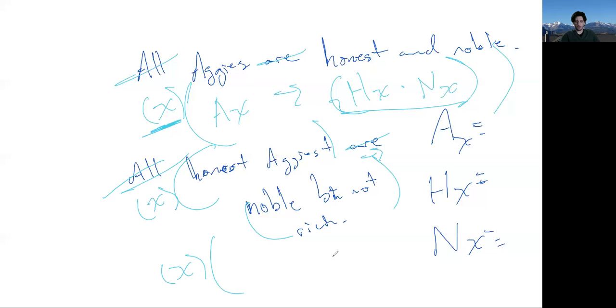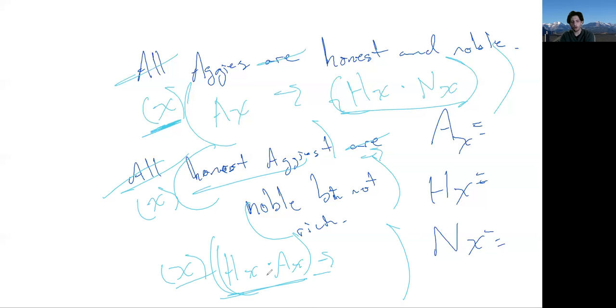Now we just need to translate. As we're going down the list, we need to first say, what do you need to be? Are you honorable, and are you an Aggie? The conditional says you need to do both of those things first, so that's why we have the parentheses like that.